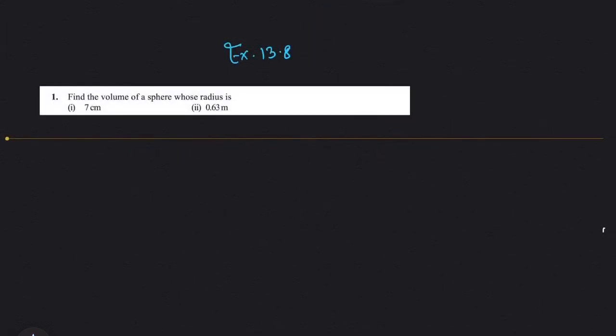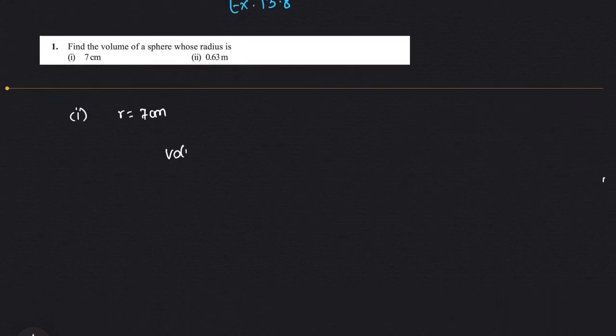Exercise 13.8, question number 1. Find the volume of sphere whose radius is given. It's very simple. The first one, the radius r is equal to 7 centimeter. We know the formula: volume of sphere is four by 3 pi r cube.